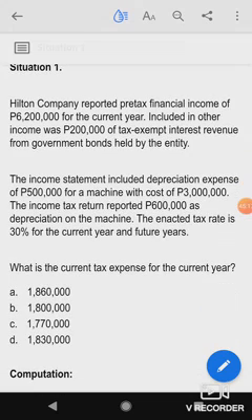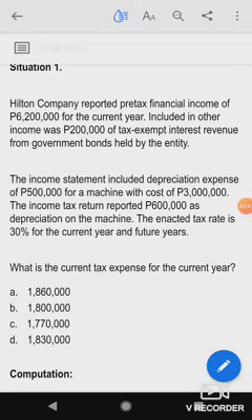The income statement included depreciation expense of 500,000 for a machine with a cost of 3 million, and the income tax return reported 600,000 as depreciation of the machine. The enacted tax rate is 30% for business tax for the current year and future years. So what is the current tax expense for the current year?